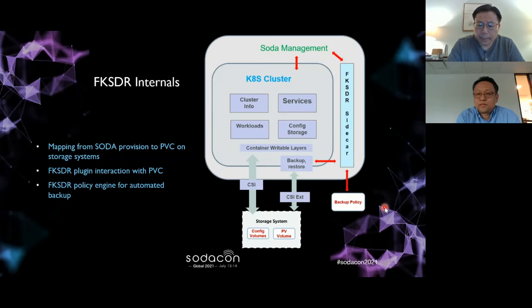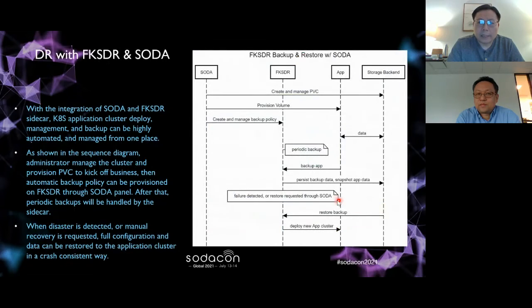And on the next slide, we have a simple flowchart to show what kind of events can happen in this whole architecture. On the very left side, you have the administrator, who interacts with the SODA interface. You can create and manage PVCs, which directly talk to the storage backend and provision it for the application cluster.